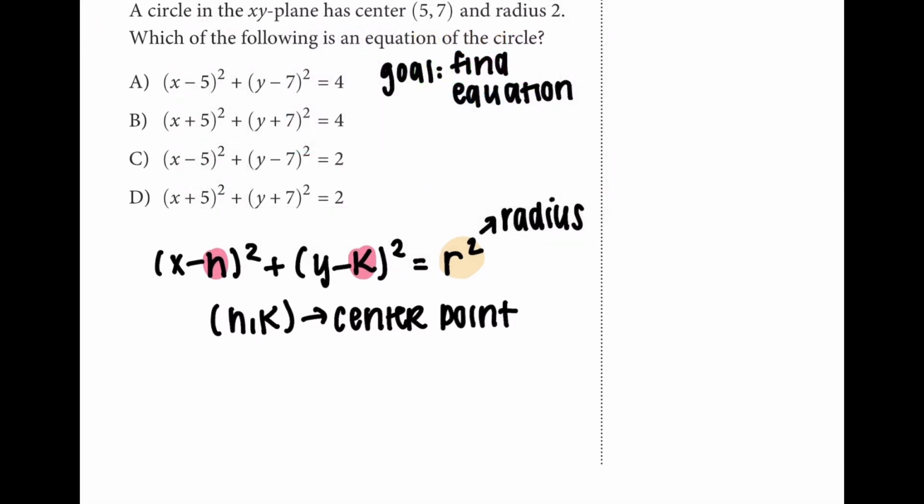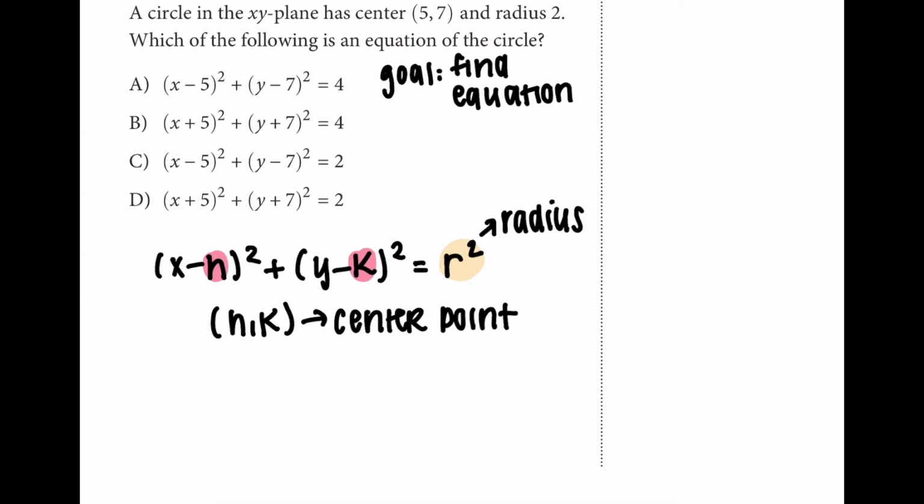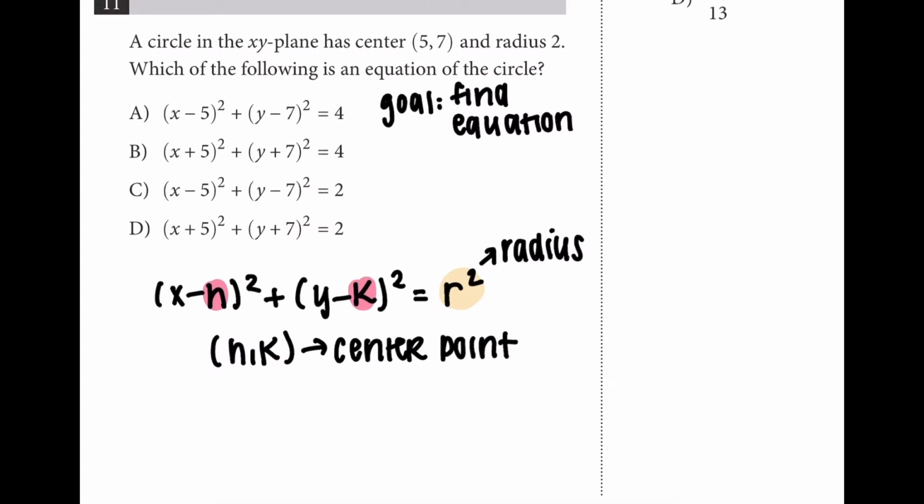Now let's look at the problem. We have center, so center point (5, 7), and radius 2. So if we know the general formula for a circle, we can simply rewrite it to match the information that we have. x is just going to be x, but the h is going to be our x value of our center, so minus 5 squared, plus y stays the same. k is going to be the y value of our center point, so that's minus 7 squared equals r squared.